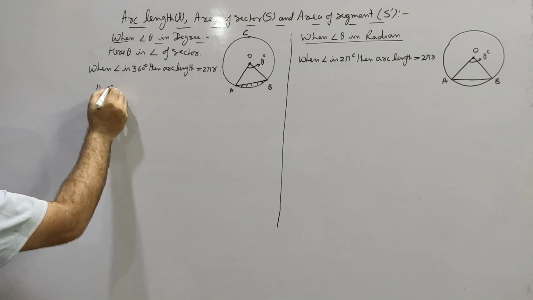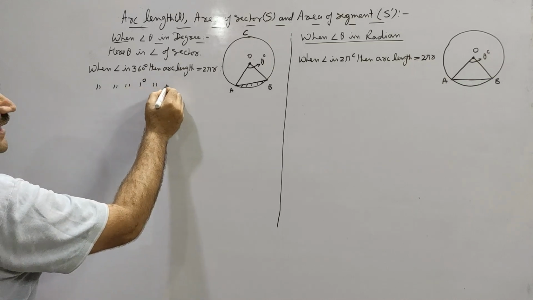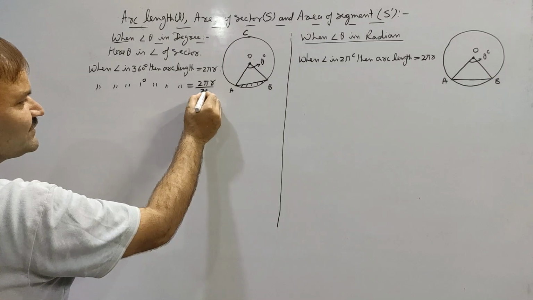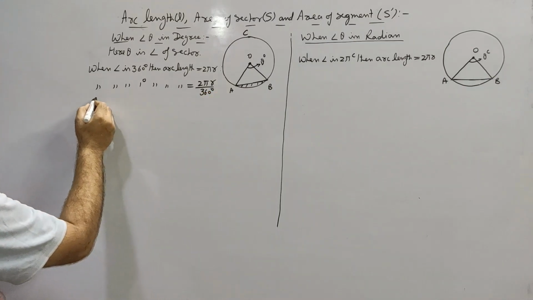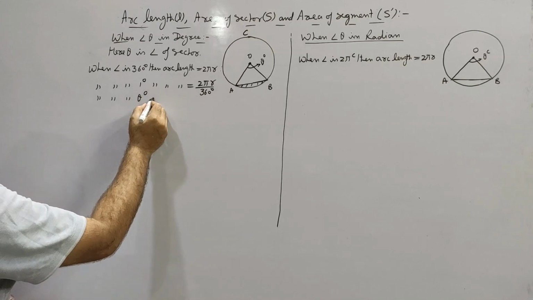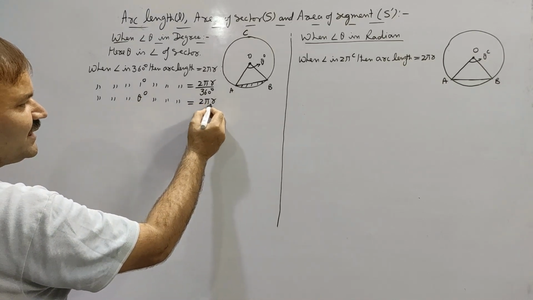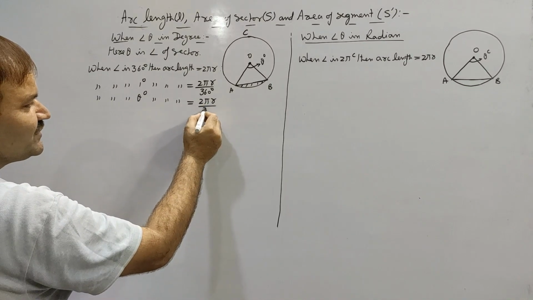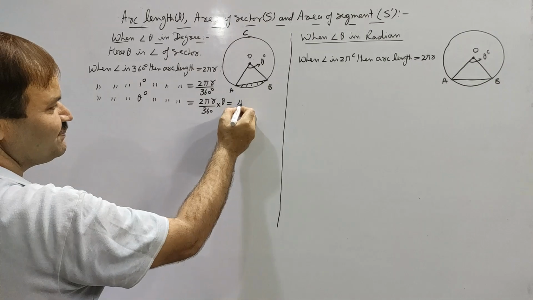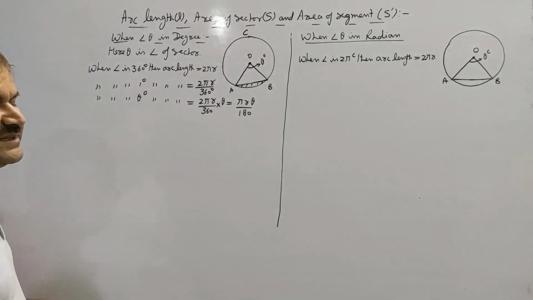So when the angle is 1 degree, arc length equals 2 pi r by 360. And when the angle is theta degree, arc length will be 2 pi r upon 360 into theta, that is pi r theta upon 180.